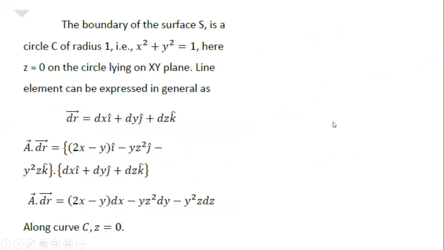So the boundary of the surface is a circle of radius 1, which I have discussed. Now what is the line element?